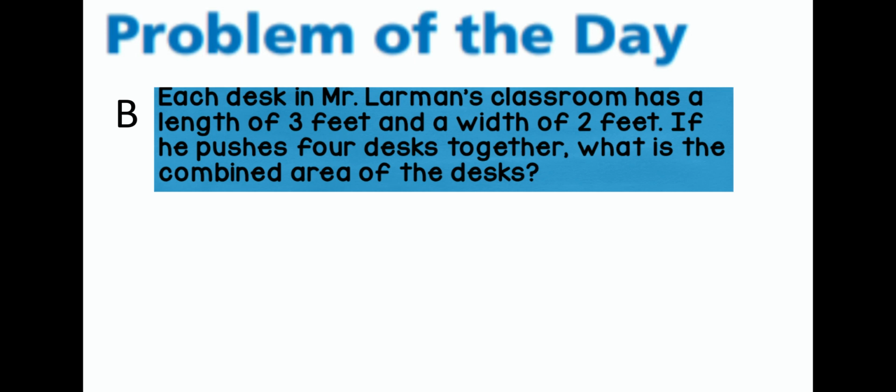If it's 3 feet times 2 feet, what is that area? But then it asks, if he pushes 4 desks together with the same area, what is the combined area of the desk? So one desk is just 3 times 2. But then I need 4 of those. So that is what you need to find out.